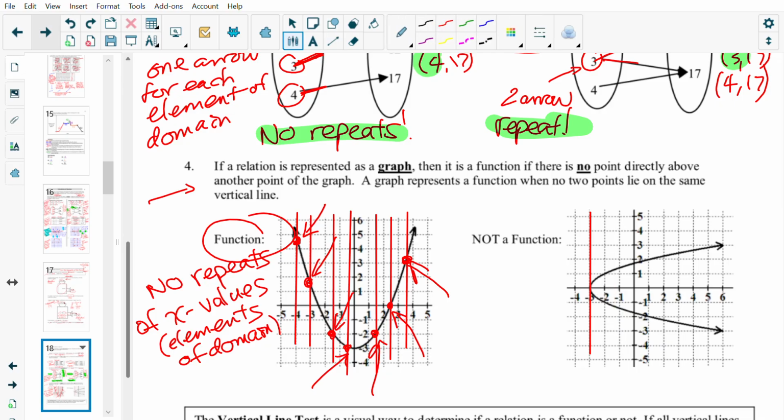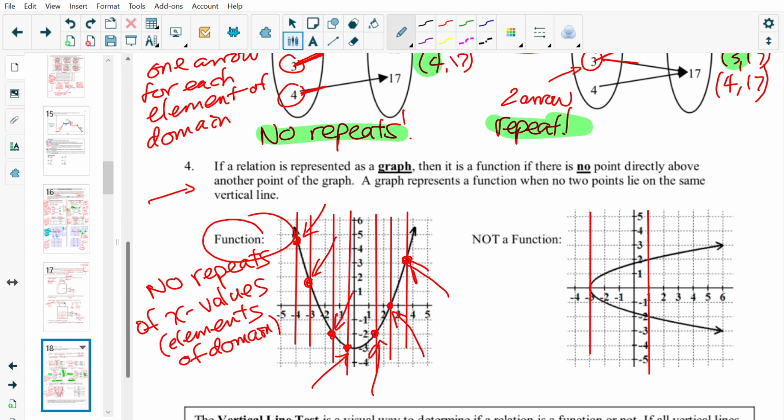So let me just pick an integer value to illustrate this. Right here. Why is this not a function? So here's the vertical line test.